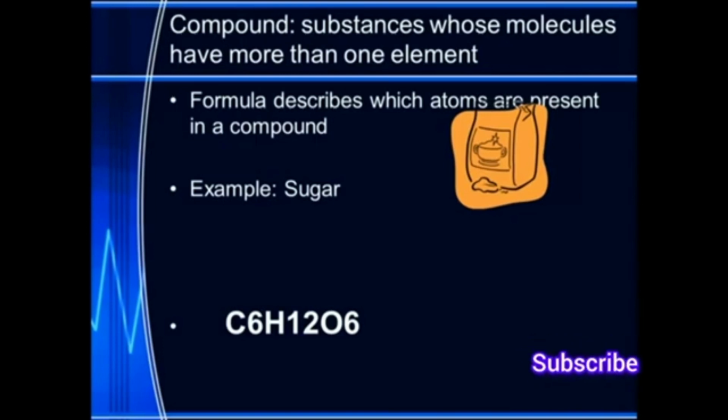So formulas describe which atoms are present in a compound, and then we describe them based on the numbers in that particular combination. So you've heard of H2O. Well, H2 would be 2 of hydrogen and 1 of oxygen. So that's what makes up water.